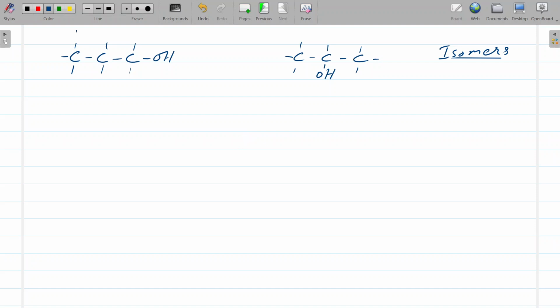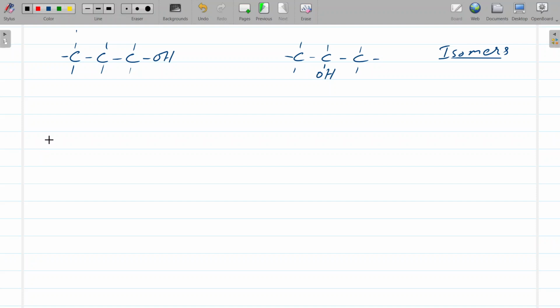Now recall what we did yesterday and give me names for these guys. We will do numbering on them. What's the carbon number to which the hydroxyl group is attached in the first molecule? We'll start from the side which is closest.